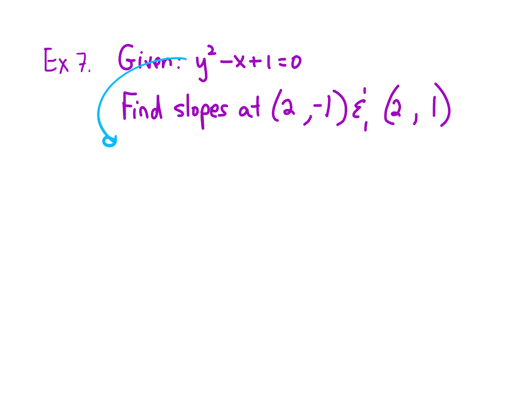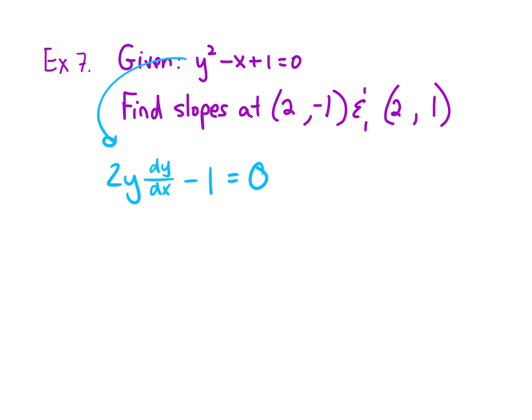So let's find the derivative of each term all by themselves. We have y squared. What's the derivative of y squared? 2y, but what do we have to remember to include anytime we take the derivative of y? dy over dx minus, what's the derivative of x? 1, perfect. Plus, what's the derivative of 1? 0. And the derivative of 0? 0. So we get 2y times dy dx minus 1 equals 0. Let's get the dy dx all by itself.